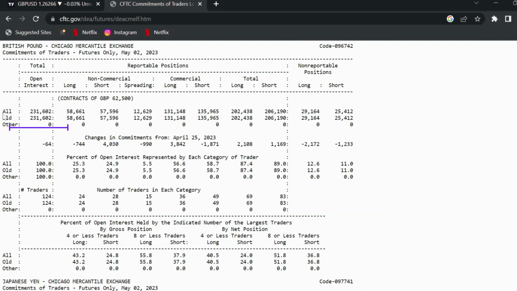You can see the longs are more than the shorts. But this weekly data on its own doesn't tell us much. We need to build a picture of the changes in the data week by week.